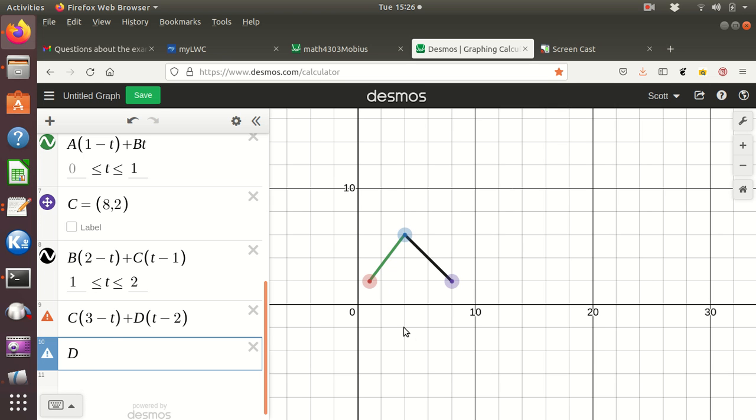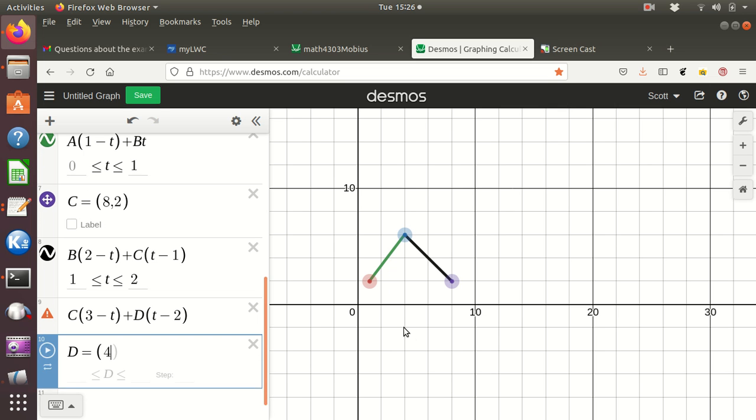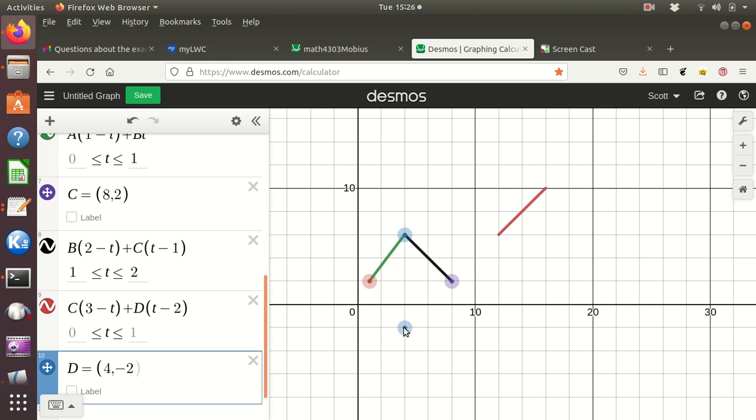So D equals 4, negative 2. And if I just follow that pattern of making this a 2 and that a 3, you see I get that, and now t goes from 0 up to 1 and then to 2 and then to 3, and I make it around all my points there.